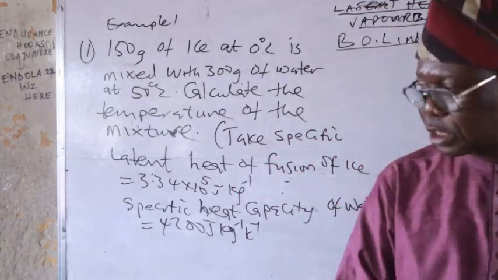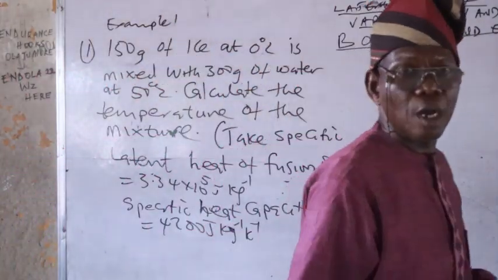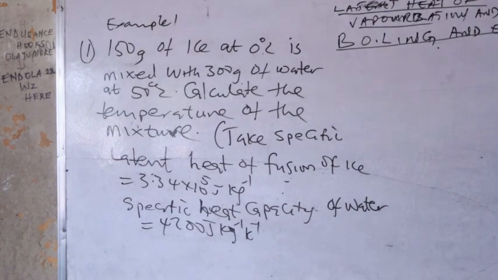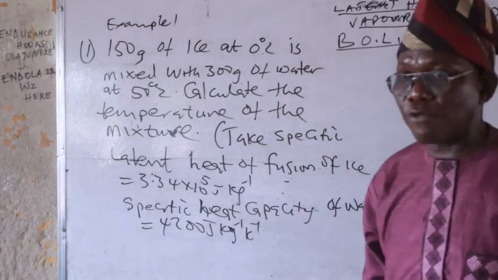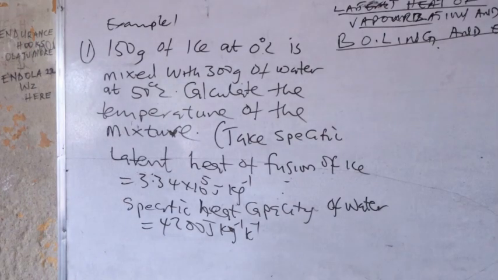If I may ask, who wants to solve this question for us? This is a simpler question compared to the explanation I've just given. Okay, have you finished writing? You are still writing. Who wants to attempt it?